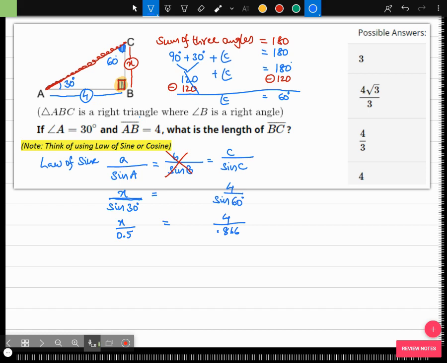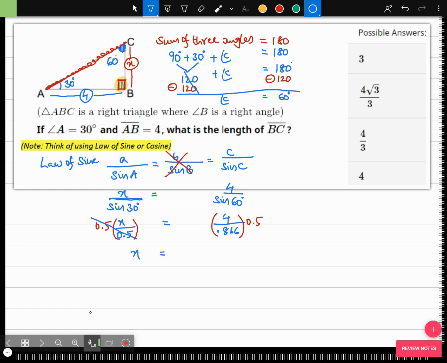Now, at this point, you know how to isolate the x value. 0.5 is dividing, so we go for the inverse operation, and these two get cancelled.